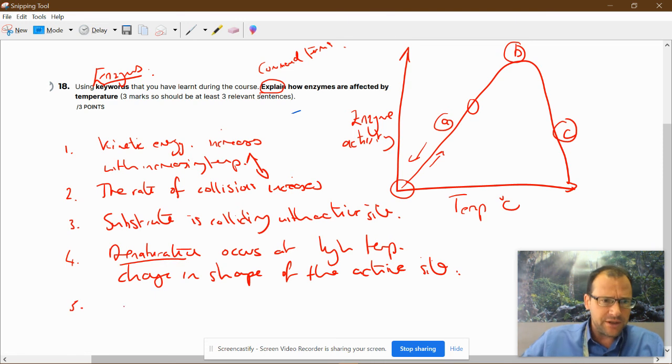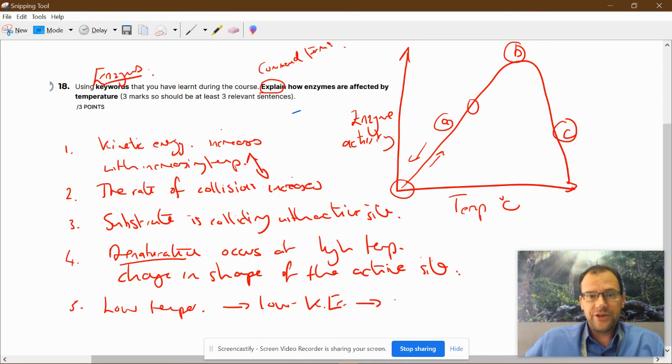Okay, and I also discussed that low temperatures give low kinetic energy, which gives low collisions, or low frequency of collisions. So 3 out of that lot, I'd say 1 and 2 are actually linked.